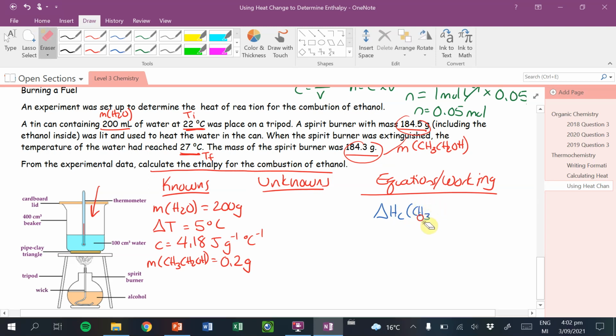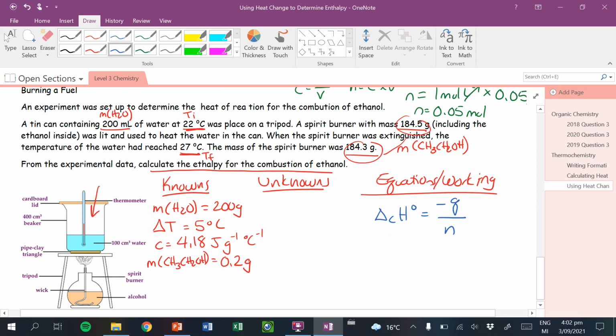Let's just keep it simple. So I want to know the delta H. Delta H of the ethanol is what I want to figure out. So I need to have the Q value to do that, and I need to have the N value to do that. That's the final equation I need, because this will tell me the combustion of ethanol.